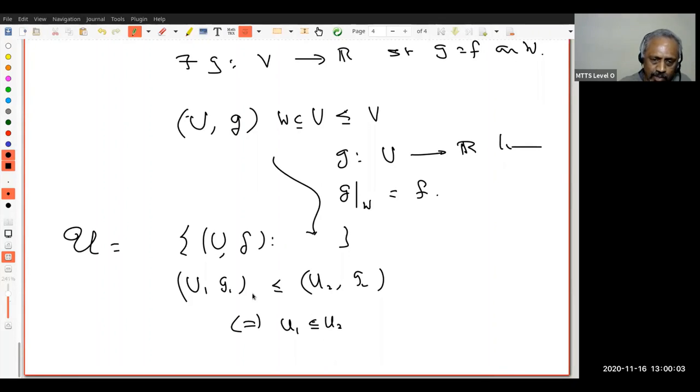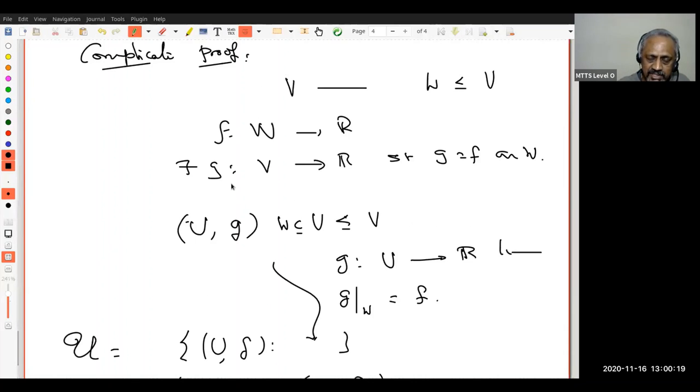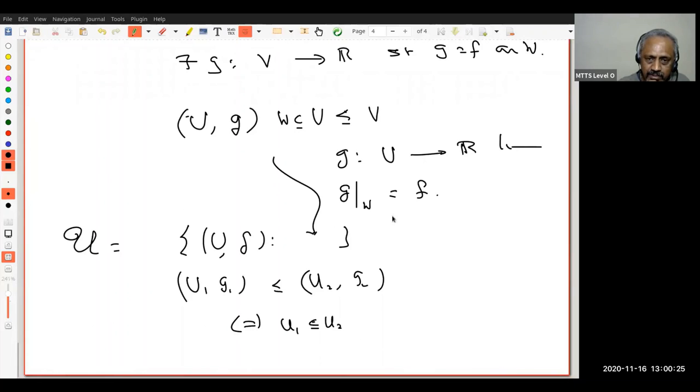Yeah. Now what will I do with G1 and G2? Remember, I want my final element G to be an extension to all of V of the extension of F. Therefore, what I want is that G2 must be an extension of F, and G1 is also an extension of F. But then, since U1 is contained in U2, G2 must be an extension of G1.